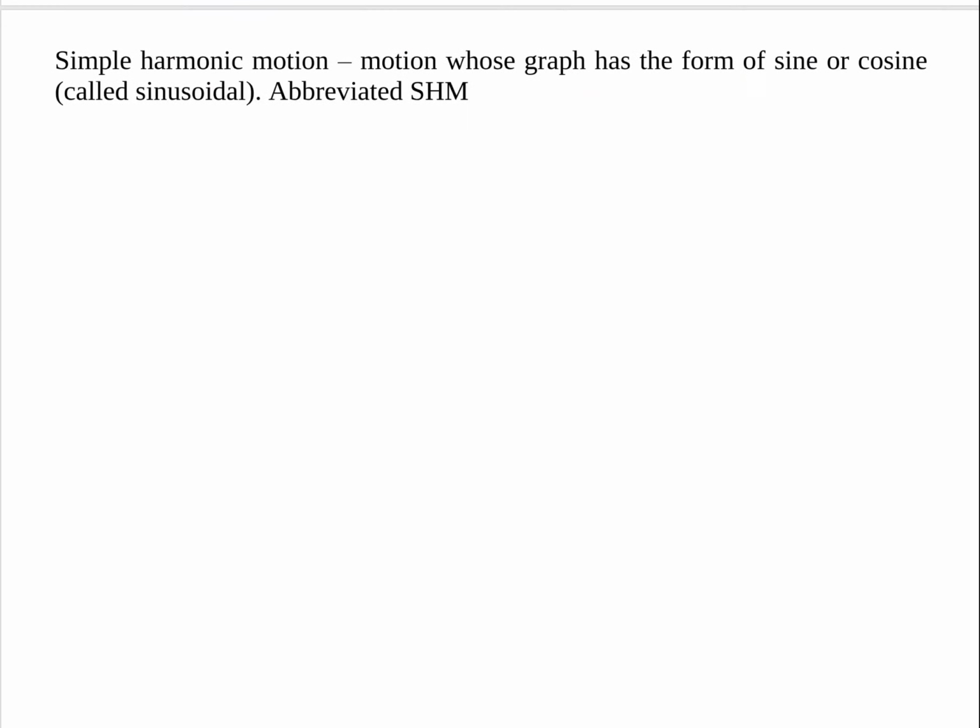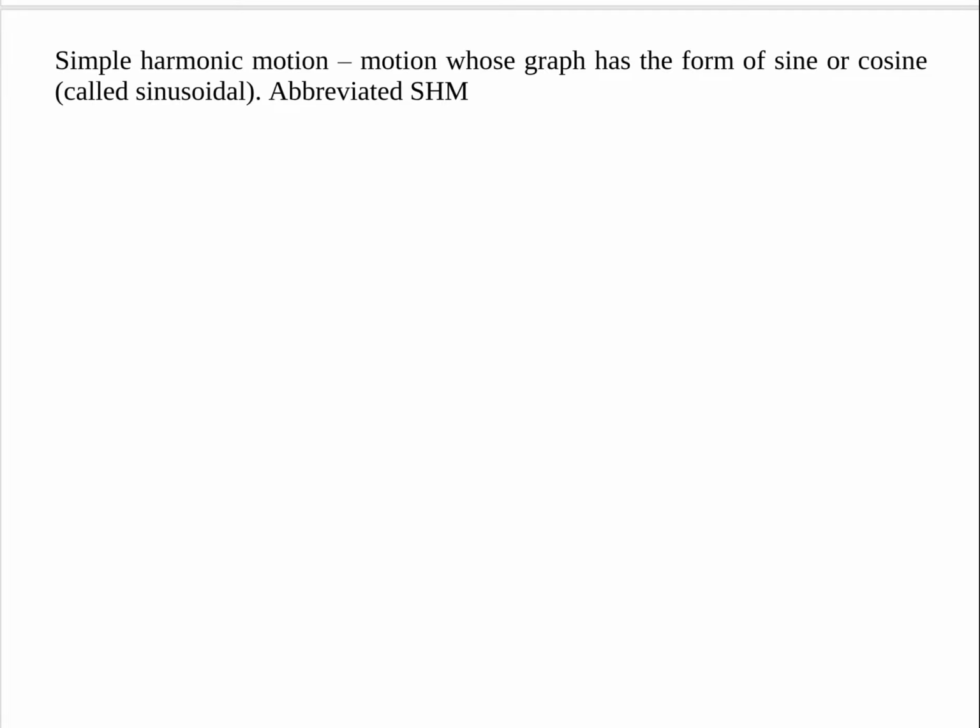So we also have something called simple harmonic motion, and you're going to see simple harmonic motion repeatedly in this chapter. Wave oscillations, those types of things, have simple harmonic motion attached to them almost always. So we want to know what this is. It's just motion whose graph has the form of a sine or cosine graph.